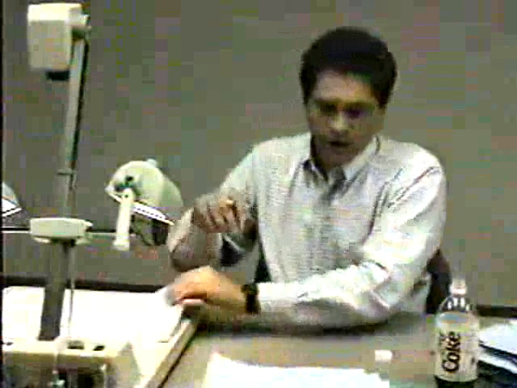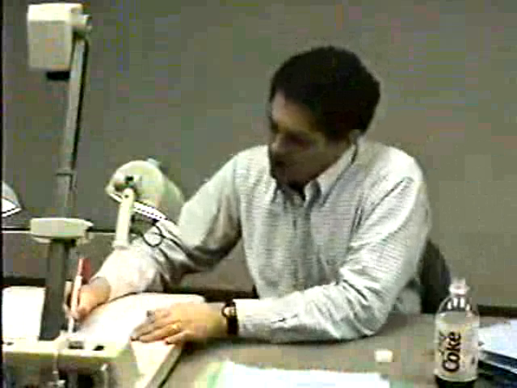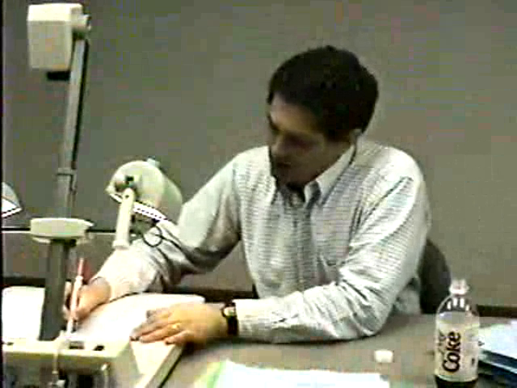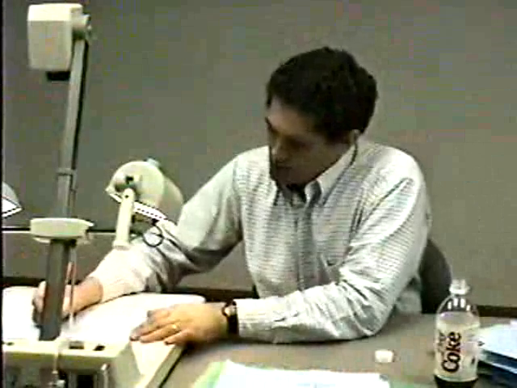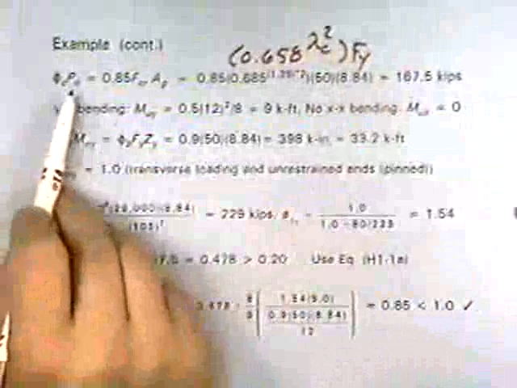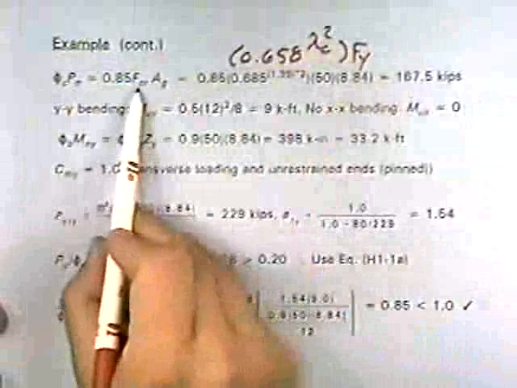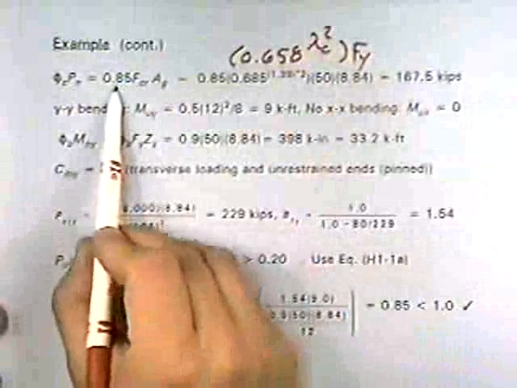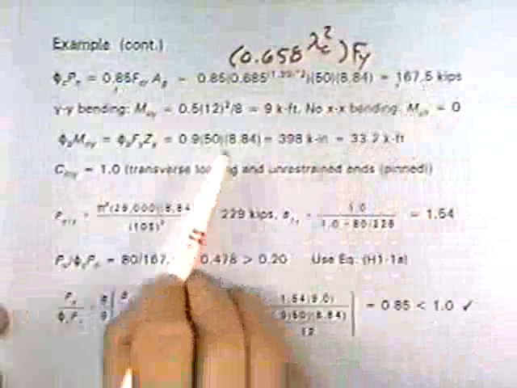So we use the one equation that looks like this. The design load is F critical times the gross area times the phi of 0.85, and comes out to be about 168 kips.